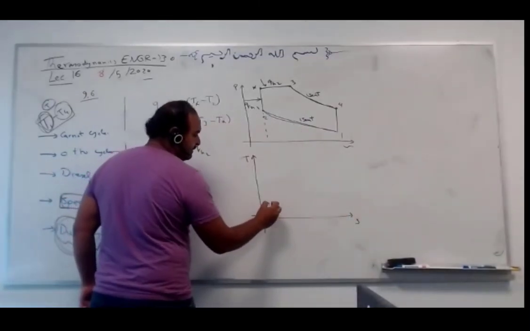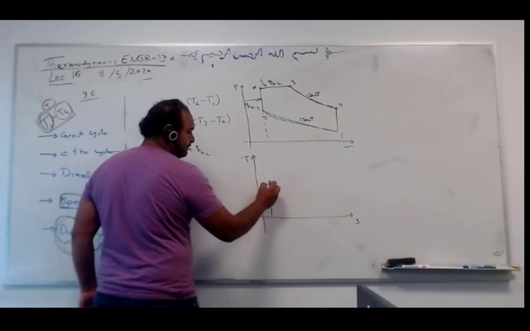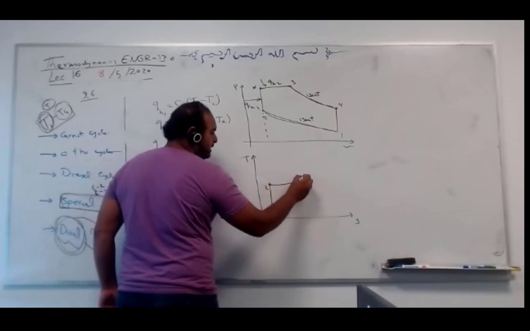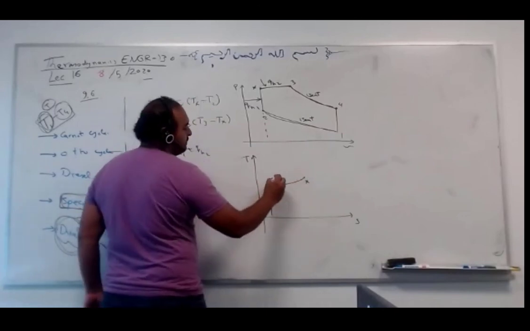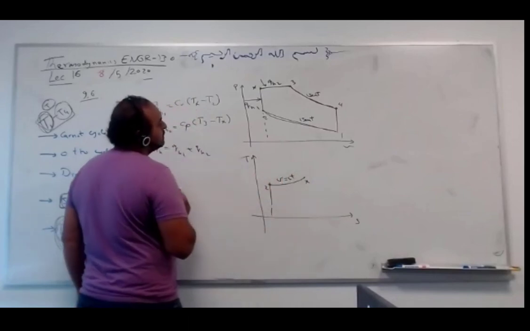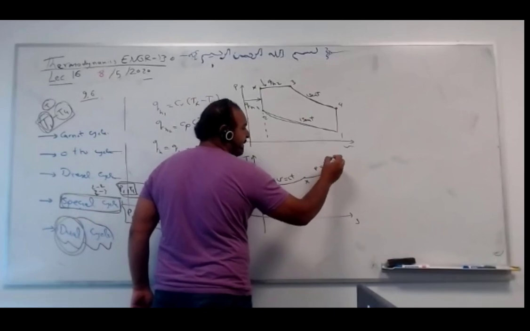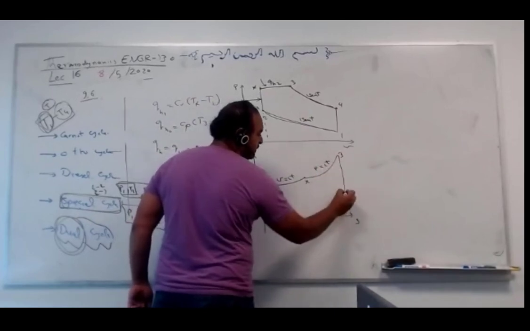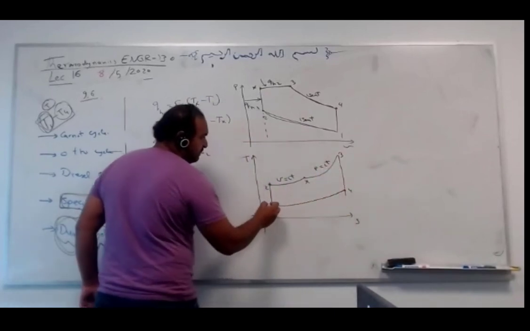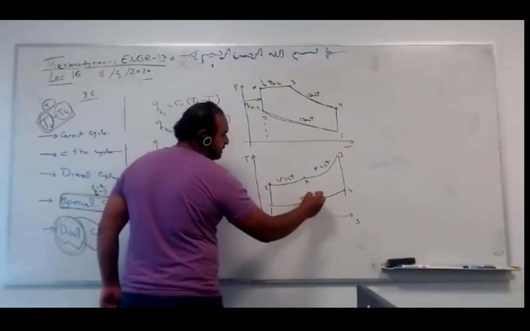We start here at 1, 2, then 2 to X, sorry, constant volume. X to 3, constant pressure. Isentropic from 3 to 4, constant volume from 4 to 1.